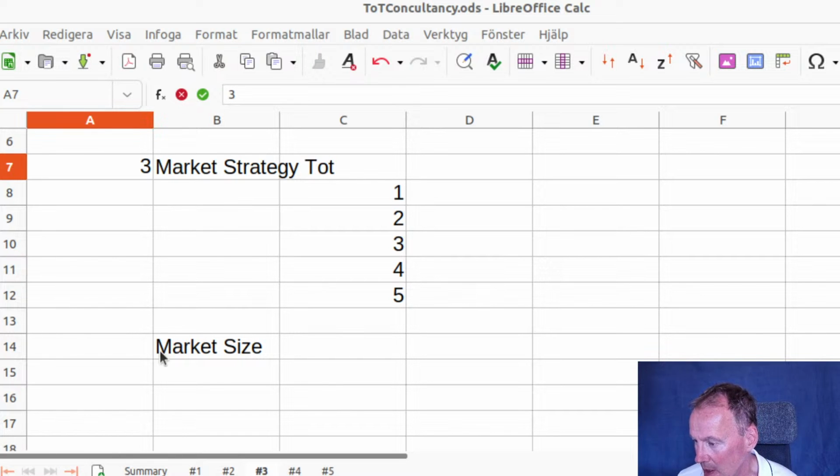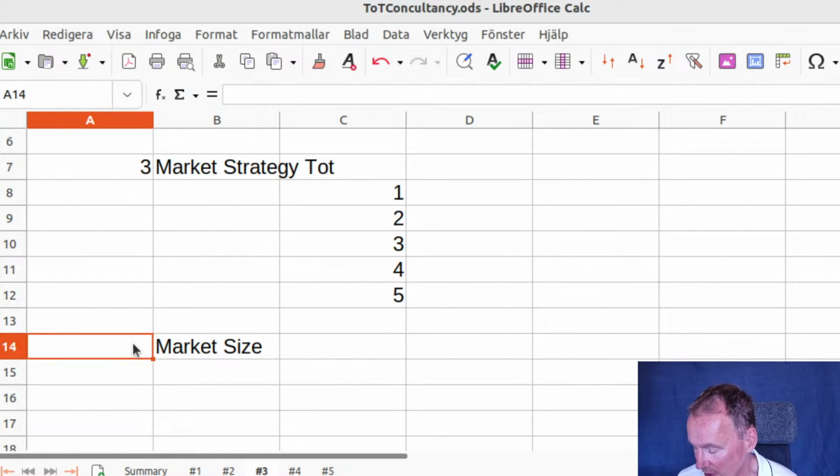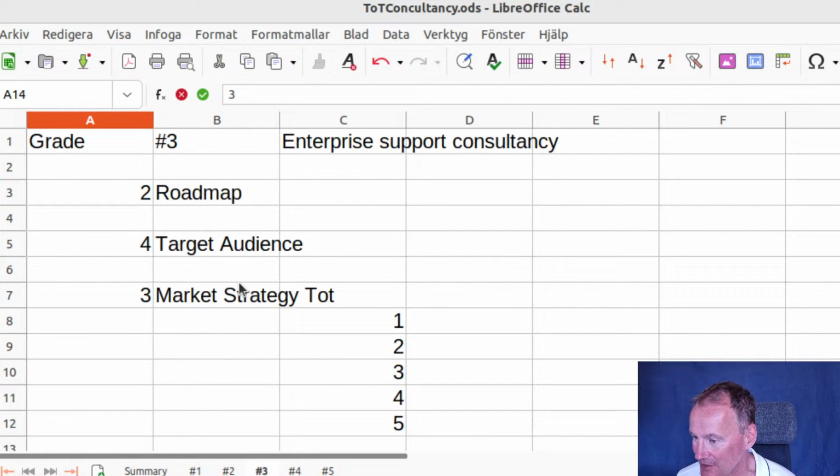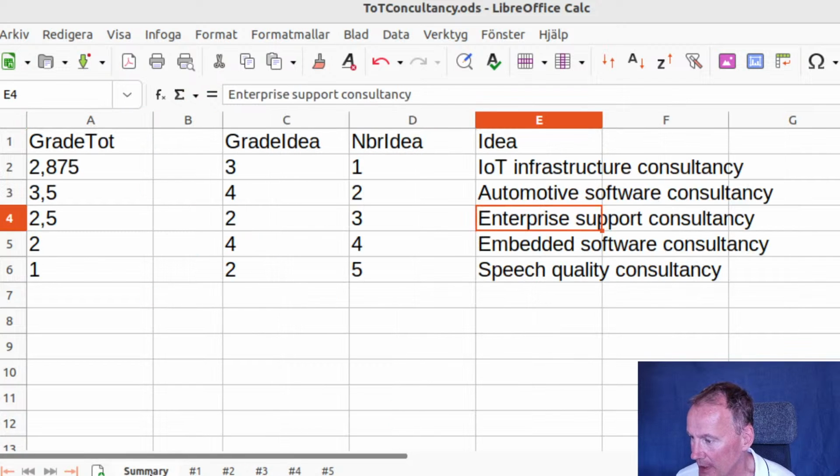Yeah, well, there is a market. ChatGPT doesn't really know what the market size is for customer support. That's interesting. So where do we end up? Oh, 2.5, a bottom place for enterprise support consultancy. How sad.